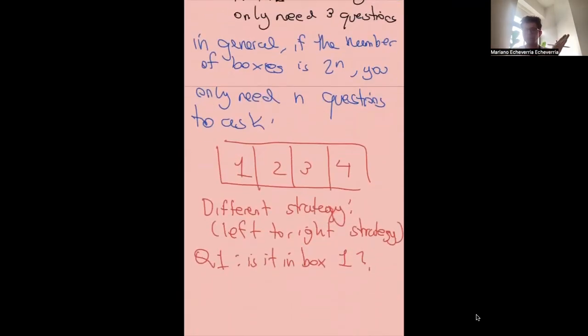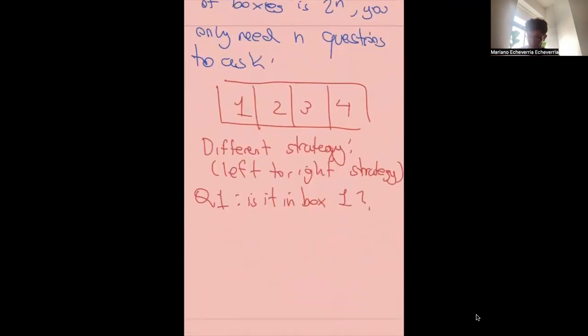But if you do the left to right strategy, you could just get lucky, and it just happens that the ball was in box 1, and you won the first time. If you get yes, you win. You can think about it as a success.